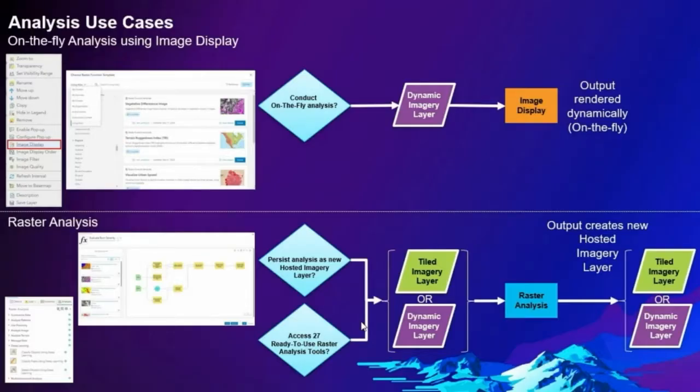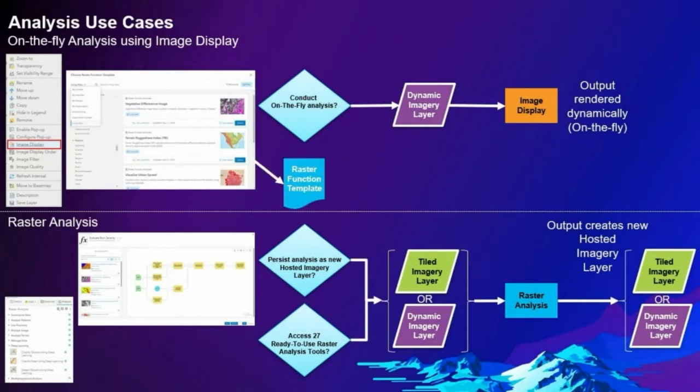Thanks again, Jay. Before diving into the analysis demonstrations, let's first consider two important terms in ArcGIS Image Online: on-the-fly analysis and raster analysis. On-the-fly analysis requires a dynamic imagery layer type.